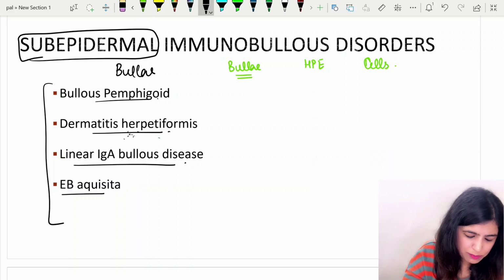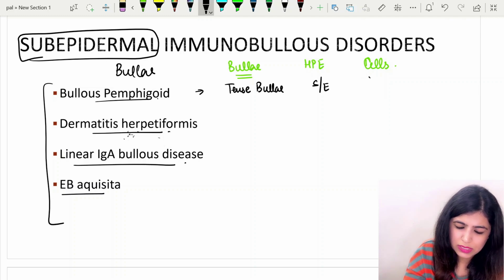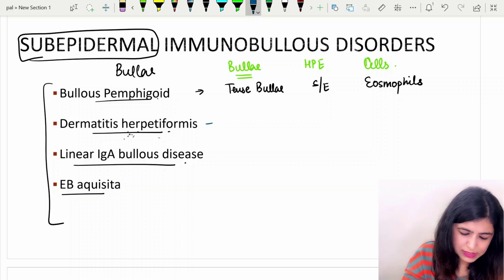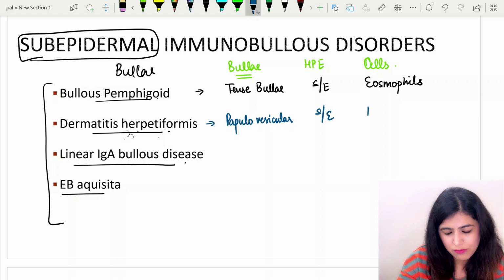On the body, bullous pemphigoid will have tense bullae. On the histopath, subepidermal, the cells here are eosinophils. Then dermatitis herpetiformis will have small papulovesicular lesions. The histopath will show subepidermal bullae with papillary tip neutrophilic abscesses.